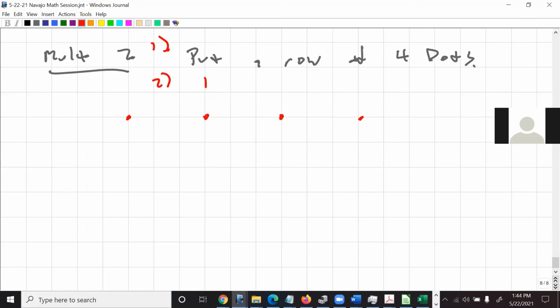Second, put a row of 3 dots beneath. Right? Draw a picture.